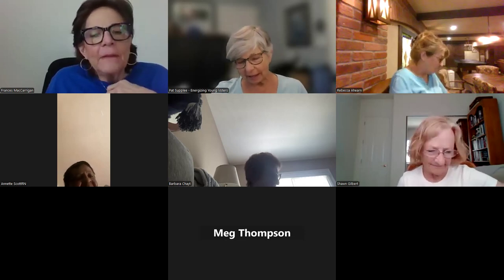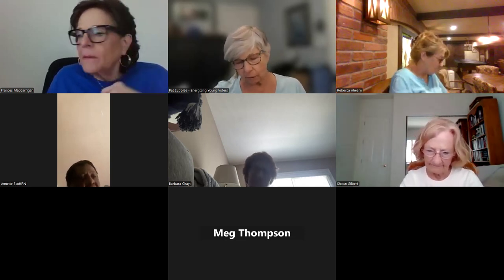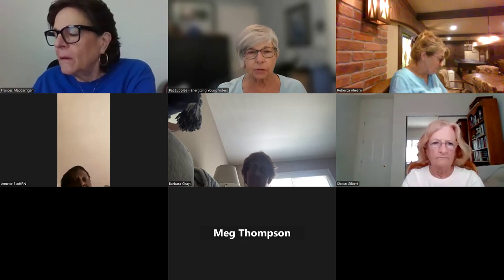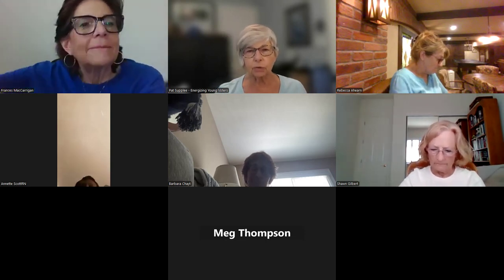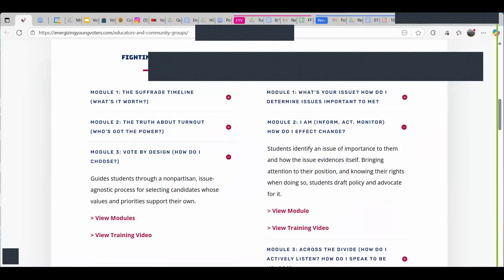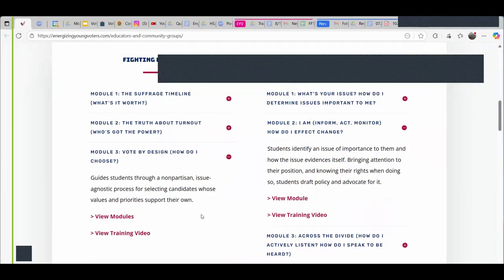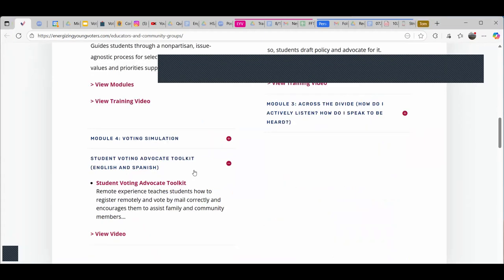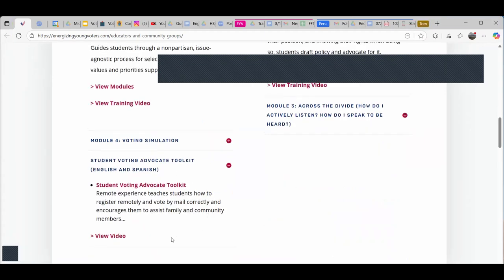The second thing that we are going to do today is to look at the Student Advocate Toolkit. Again, we get to this through the website. Let me see if I can make it bigger. It is the last thing on the voting side.